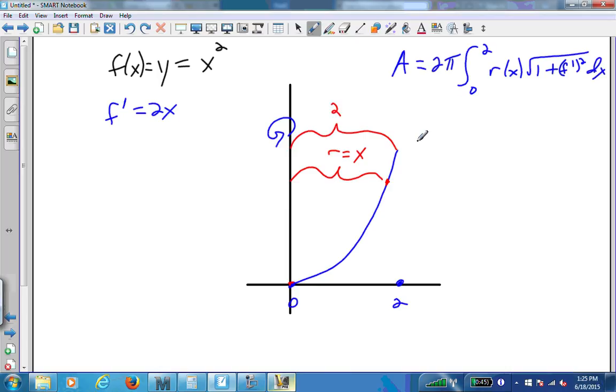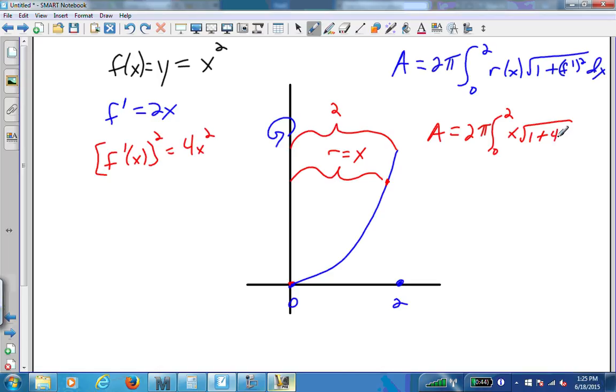So our radius is just given by our x value. 2 pi, the integral from 0 to 2 of x times the square root of 1 plus f prime squared. So if we take our derivative and square it, it's 4x squared dx. So we need to evaluate that integral.